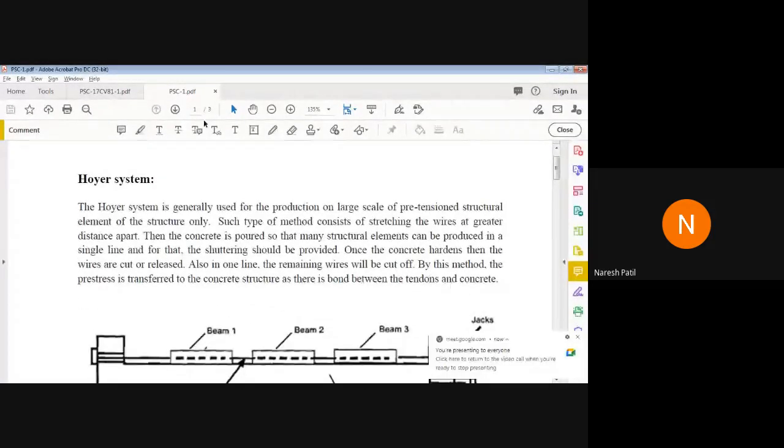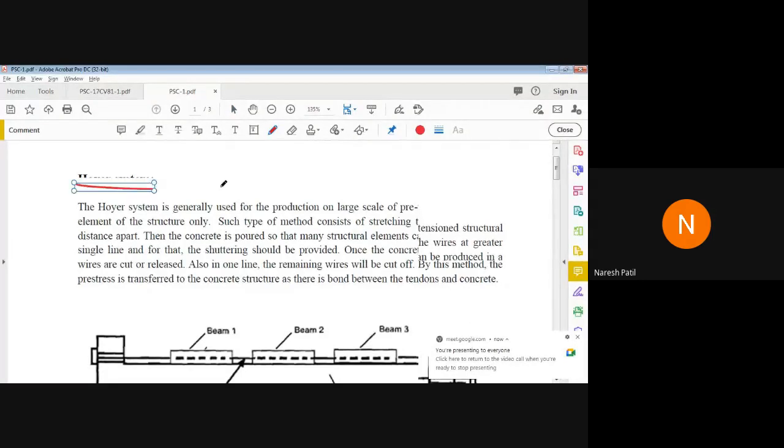So I'm trying to highlight over the screen, whether it is visible. Hello, anyone?